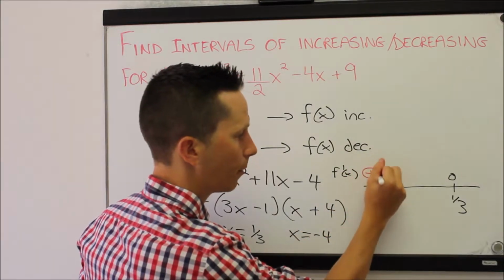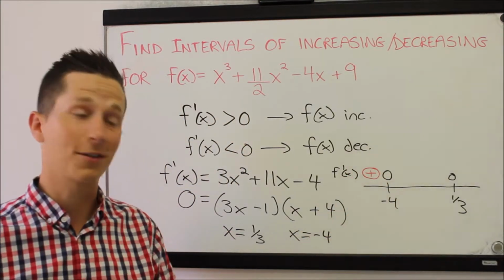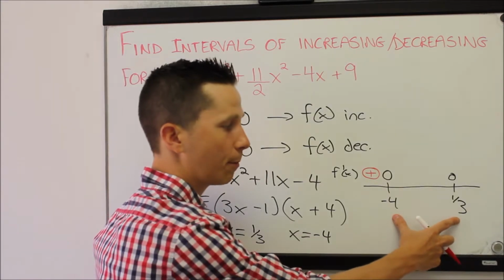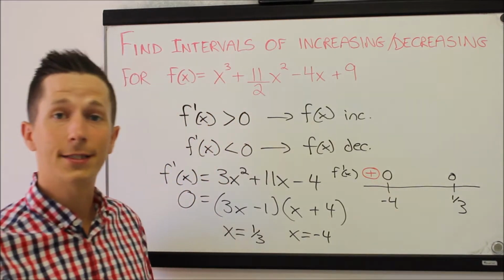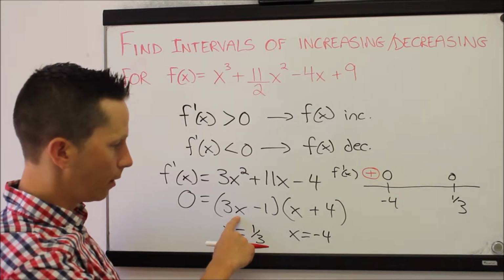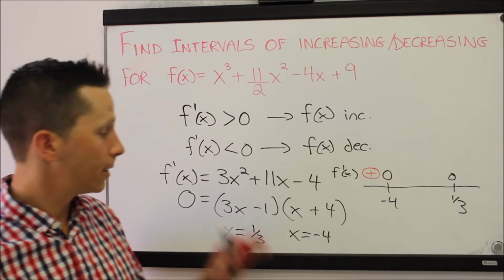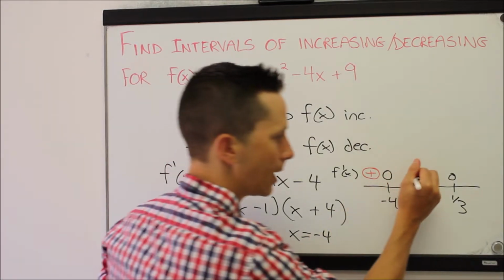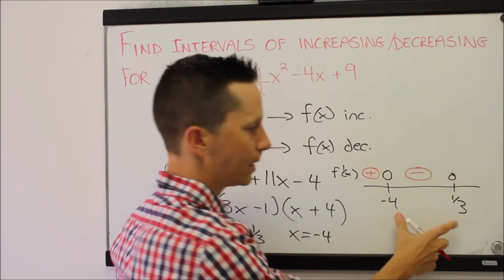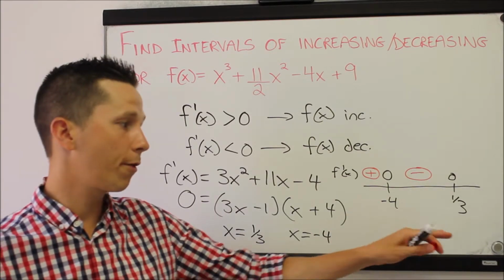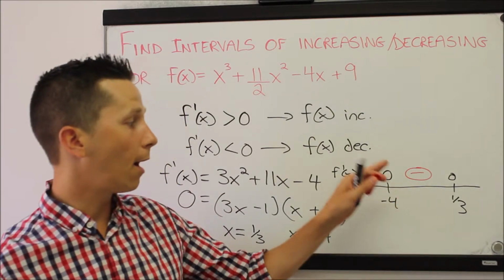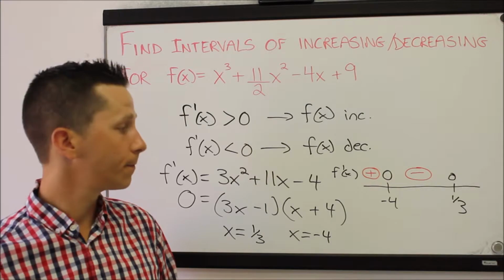So I don't even care about the value, I just care about whether it's positive or negative. What if I plug in a number between negative 4 and 1/3? Let's say 0. I'll get a negative in this bracket, but a positive in this bracket. Negative times a positive is a negative. That means in the interval between negative 4 and 1/3 for x values, our first derivative is negative.